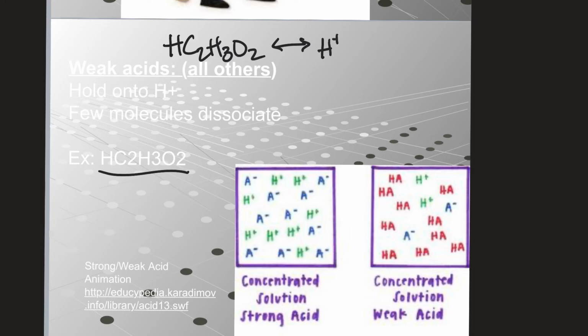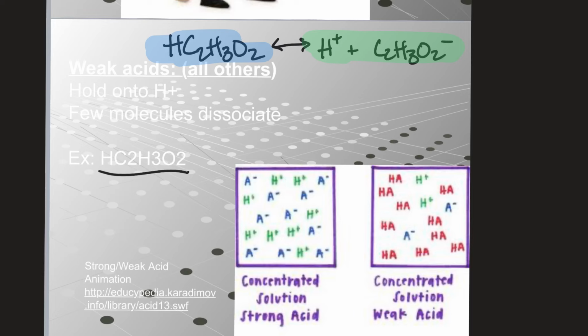And then you will have H plus and C2H3O2 minus, so that's acetate. But what you'll find is that you will have most of this acid, because most of it won't break up, but some of it will.